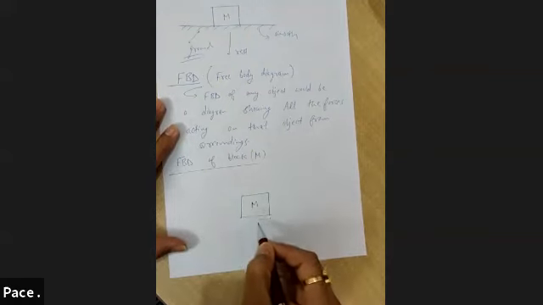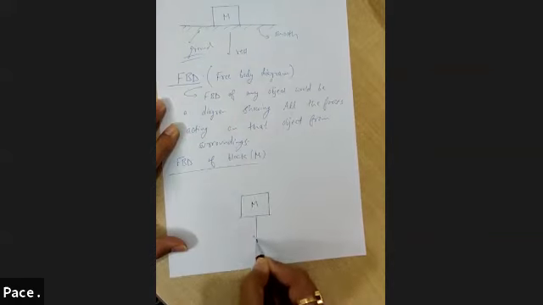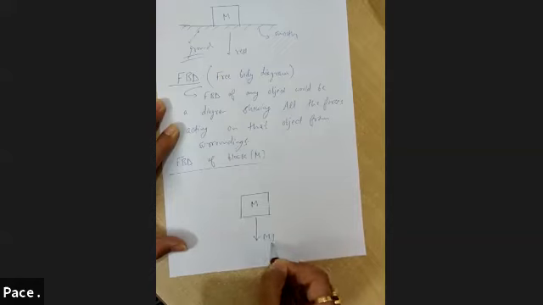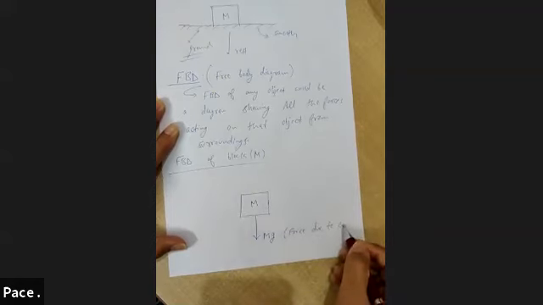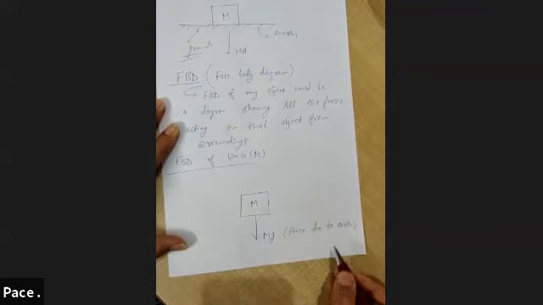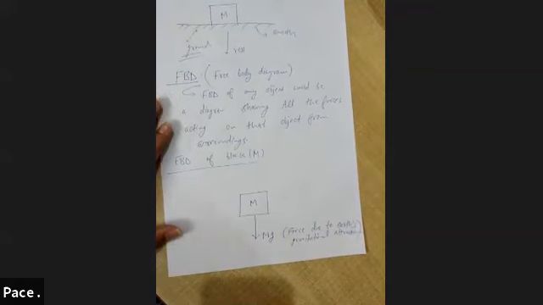So there would be one force acting on this block due to gravity in downward direction, and that is nothing but mass multiplied by g. So this one is force due to Earth's gravitational attraction. Okay, mg is the force due to Earth's gravitational attraction.